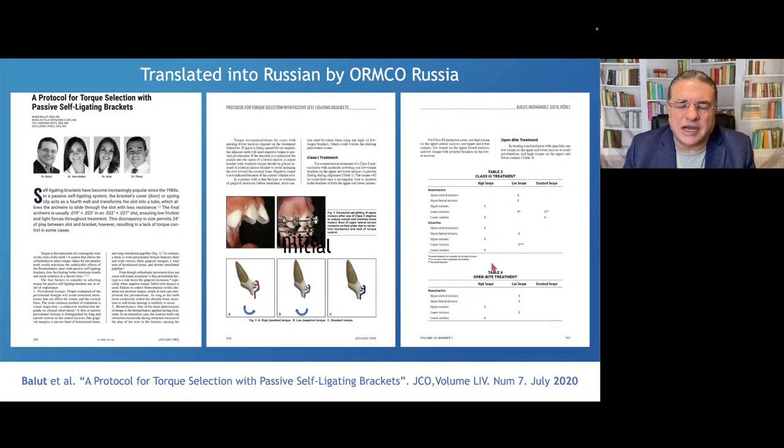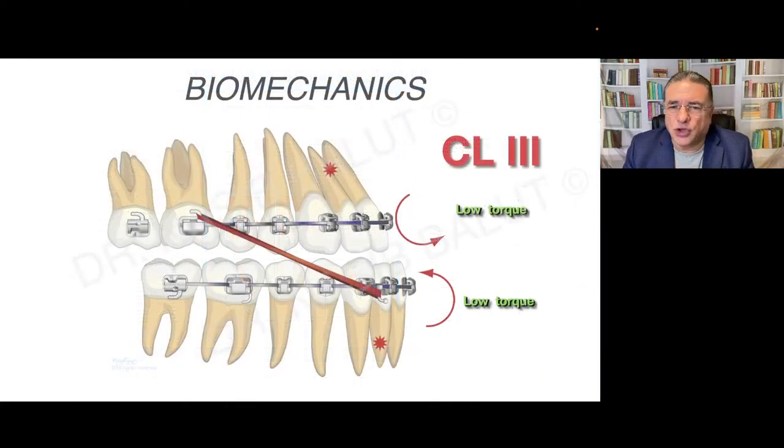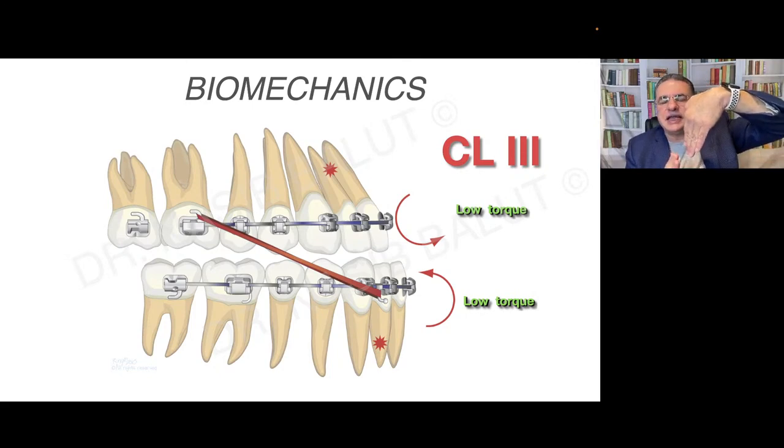Variables of torque are an excellent advantage that will help us in treating our patients. So usually we use class 3 mechanics. For example, if I'm planning to use class 3 elastics, what will happen with the biomechanics is the tendency that I will be proclining the upper anteriors and retroclining the lower anteriors.